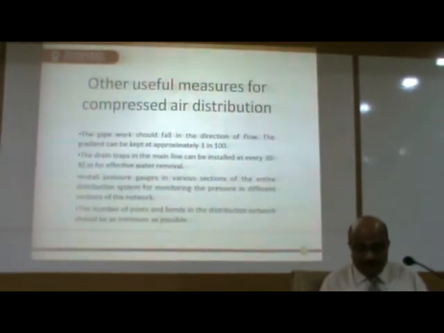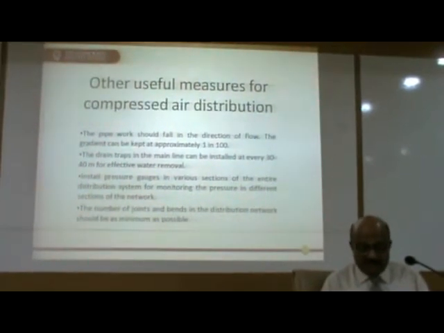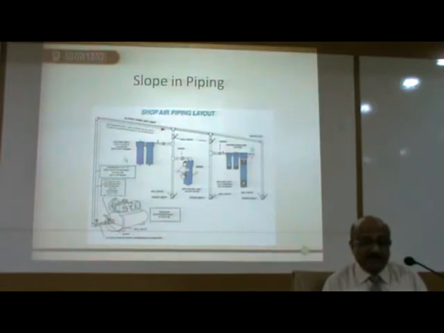So these things can be well visualized in the next slide, in this picture. As I mentioned, the pipeline should be on a slope. The slope is a gradient of 1 in every 100. So this is the slope, and pipe fittings, bends, unions, etc. should be as few as possible.